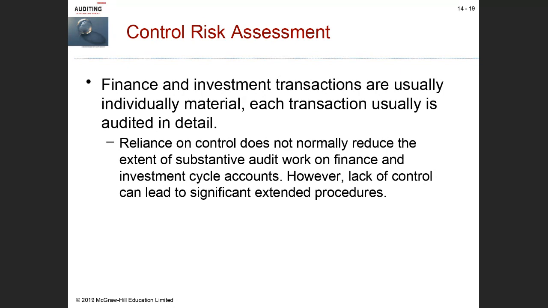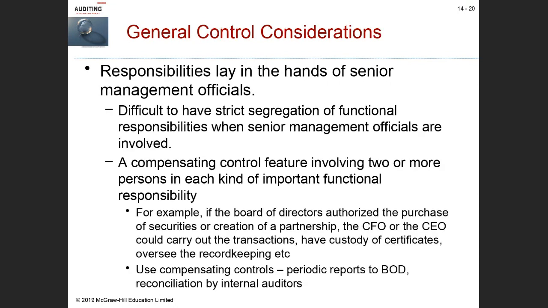So this is an area which is virtually audited 100%, with virtually no reliance on internal control, although auditors do look for weaknesses in control in this area. Because the transactions could be material, auditors need to warn their clients if control is inadequate. So we're looking for weaknesses in control, in particular in this area.